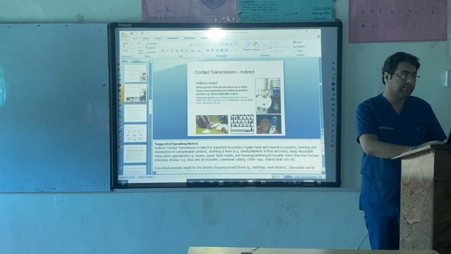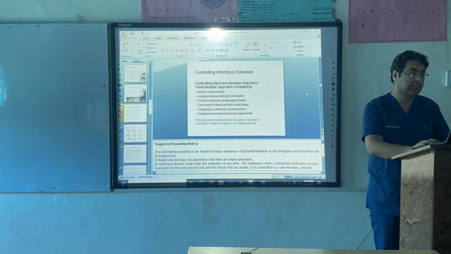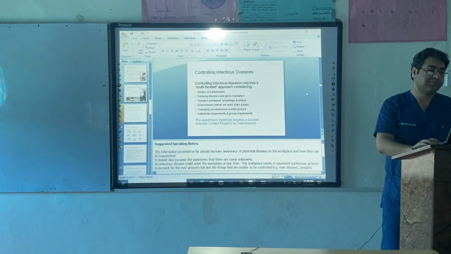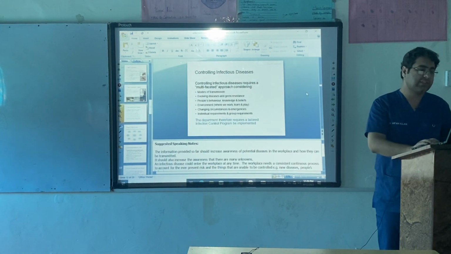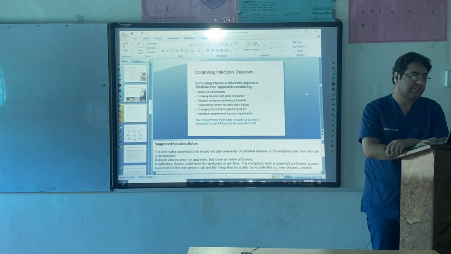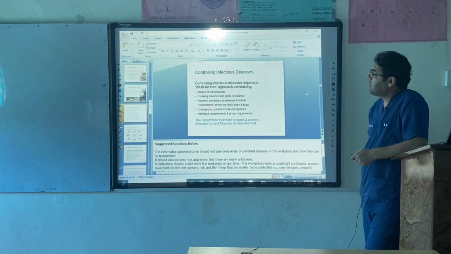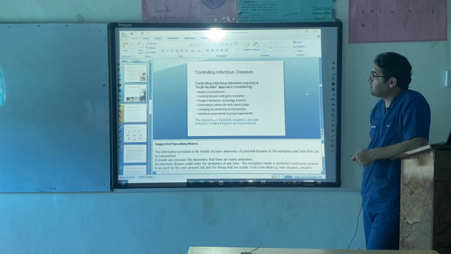Similarly, controlling infectious diseases requires a multifaceted approach considering the modes of transmission, evolving diseases and germ resistance, people's behavior, knowledge and belief, the environment where we work, learn and play, changing circumstances and emergencies, and individual and group requirements.